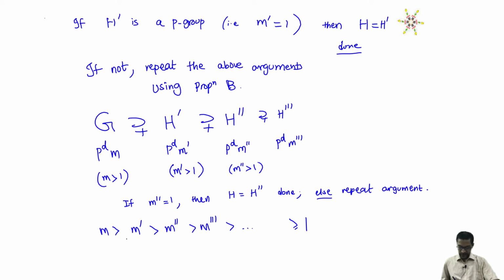So I construct such a strictly descending chain, but all of them are at least 1. So this means that the process has to stop somewhere. You can't keep going on forever. At some point you have to reach 1, which means that there is some subgroup, at some stage, which has cardinality P power D into the corresponding M, which had better be 1.